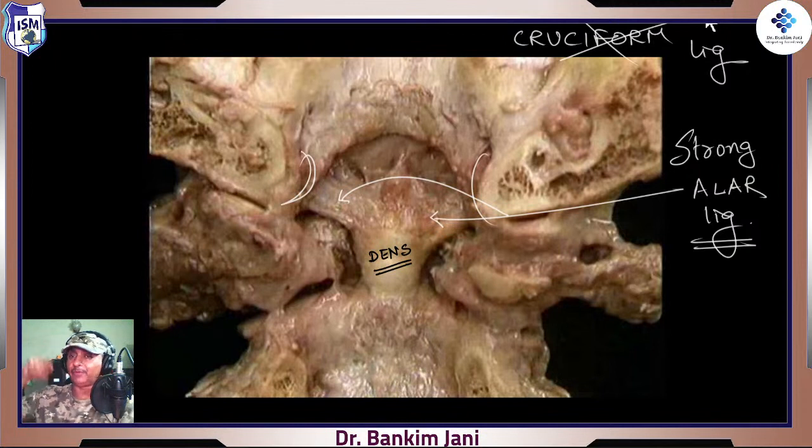For that cruciform eminence we were talking about, we took the skull, removed the frontal part, and then we were watching that there is that cruciform eminence on the inner aspect of the occipital bone, the squamous part of the occipital bone.